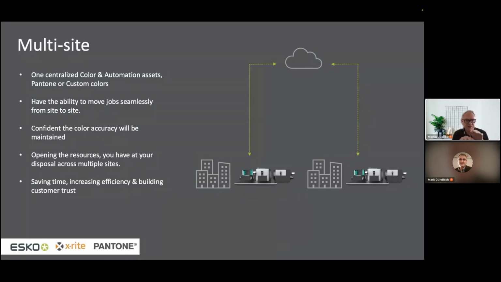They can make sure they're all going to the single source of truth. This enables us to move the job seamlessly from site to site, should there be capacity or opportunity in one site or another. It also gives that reassurance and that load balancing aspect.